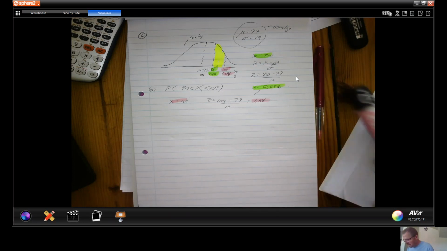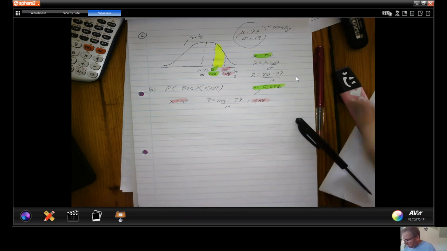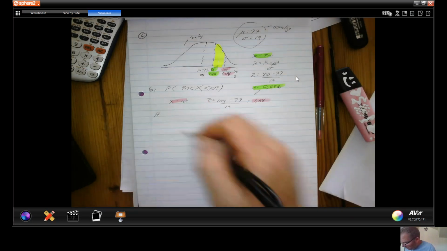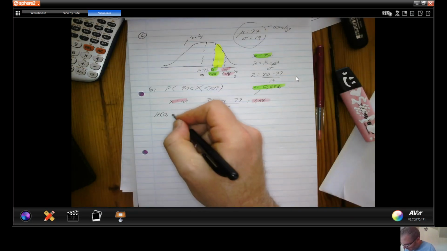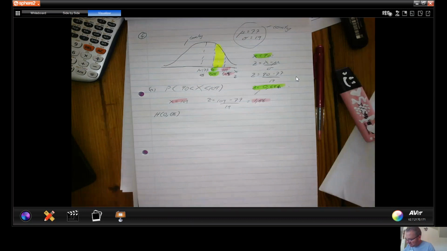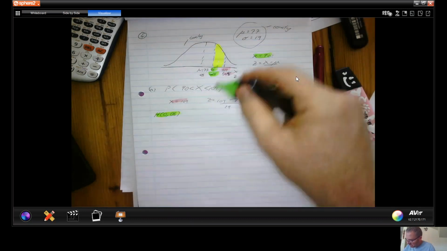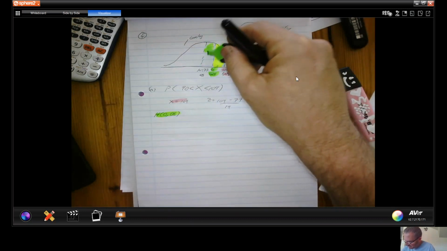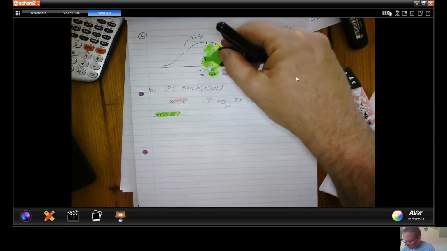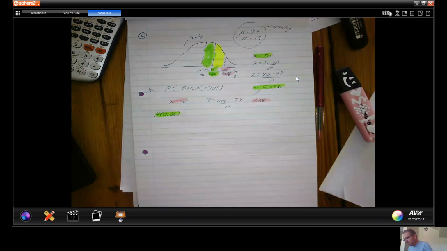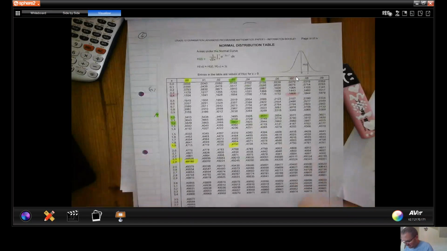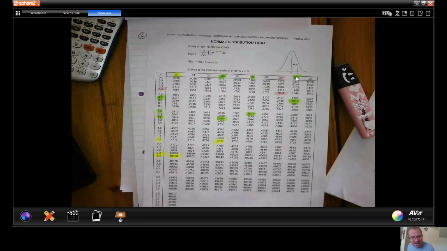If I look up H of 0.68, we're working in the green area here. H of 0.68 is going to be this green area over here. So we look that up, and 0.68 is there, and you get 0.2517.